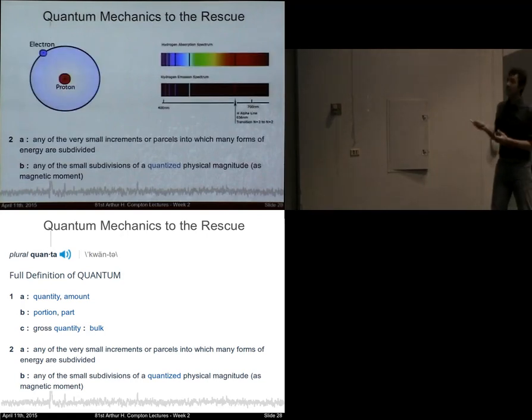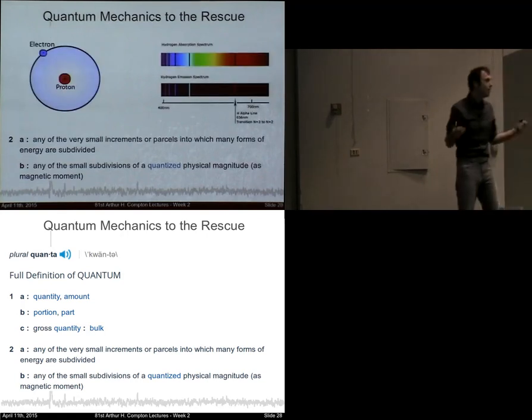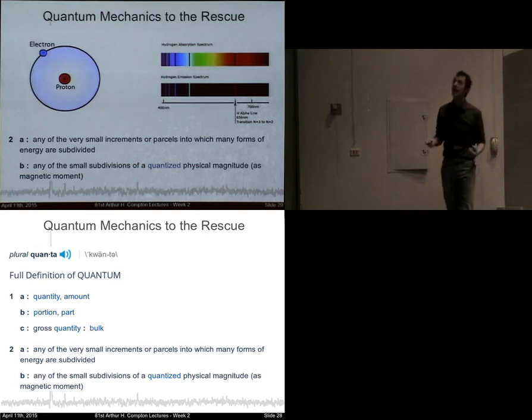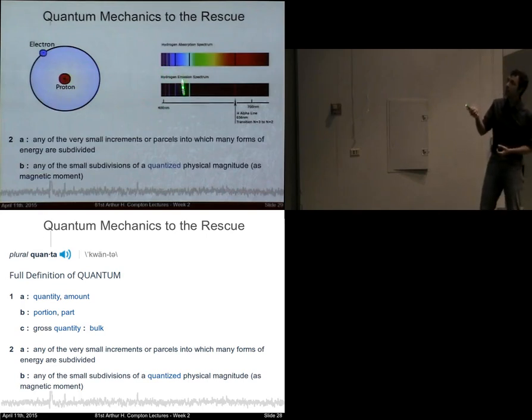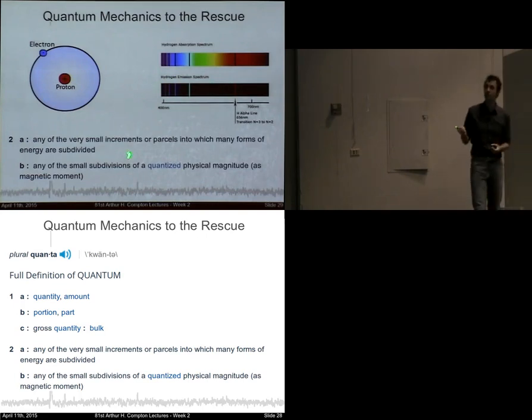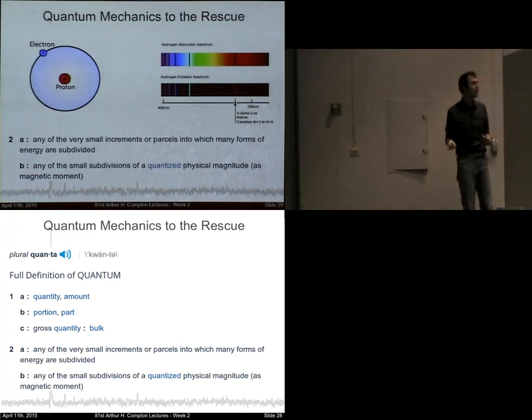The classical example of this sort of quantum behavior is looking at the hydrogen atom, where you just have a proton and an electron. If you look at the emission that comes from this, you see very specific lines. So this is the hydrogen emission spectrum. This was one of the first pieces of strong evidence that the electron can't live anywhere at once.